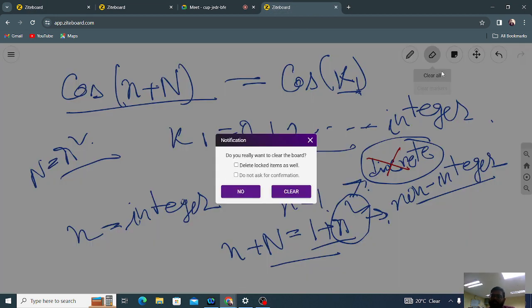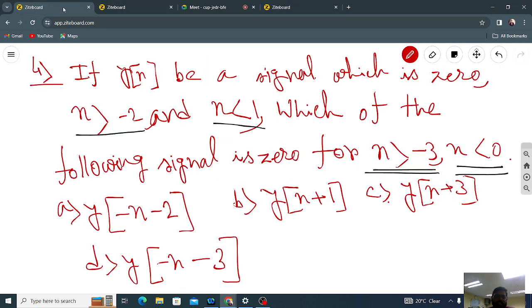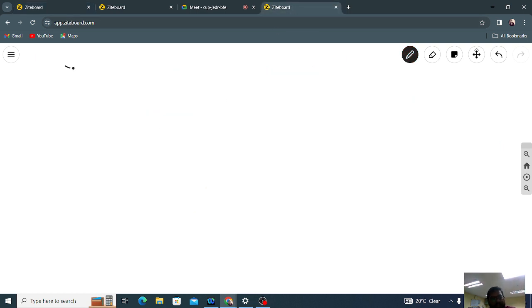So, first of all we check the first option, that is y of -n -2. This should be y of -n -2. You can write it y of minus of n plus 2.